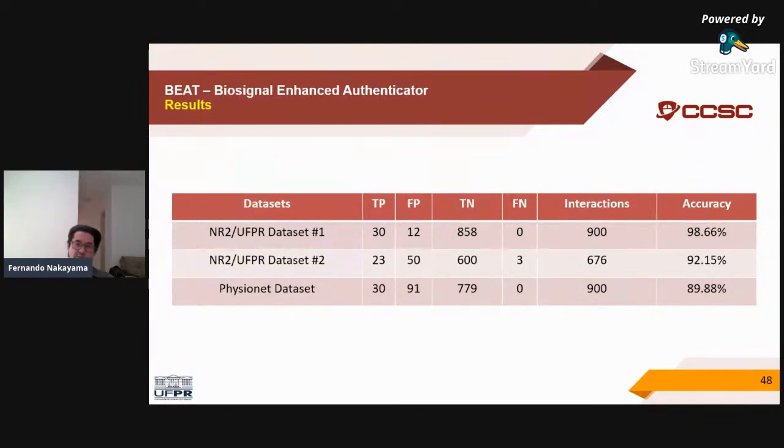And in order to test BEAT in more severe conditions, we have also tested it using a PPG dataset from the PhysioNet database. So this specific database comprises signals from users with chronic heart-related conditions, such as arrhythmia. And in this dataset, BEAT was accurate in 89.88% of the cases.